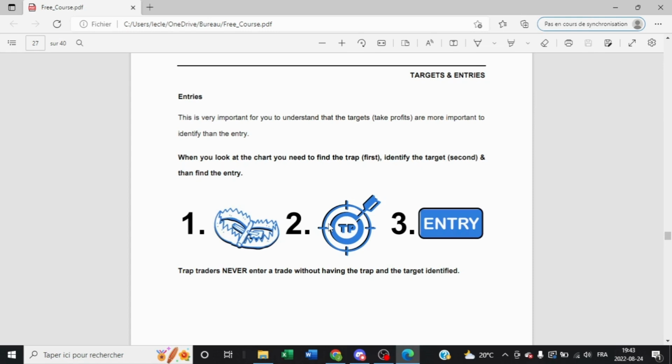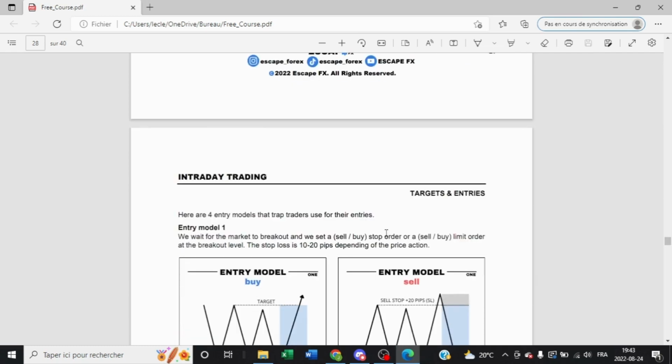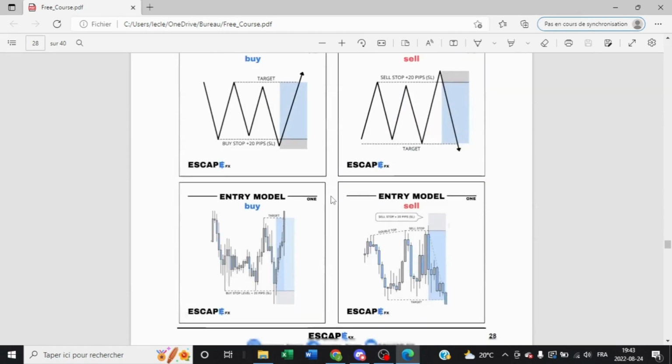Start at the beginning of the journey and start by knowing where the direction is going to be first. After that, you're going to refine your entries and you'll find some very good entries. But first you need to find the direction, which is the target.